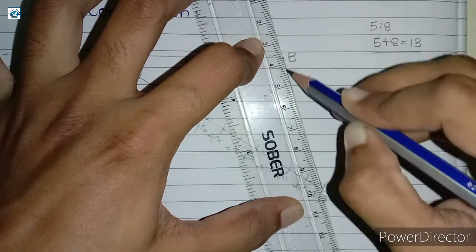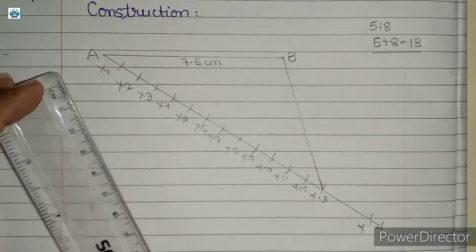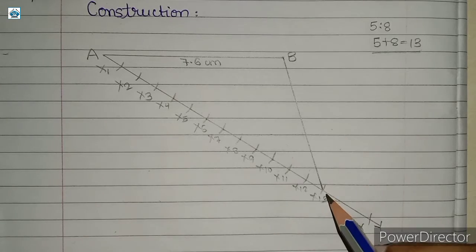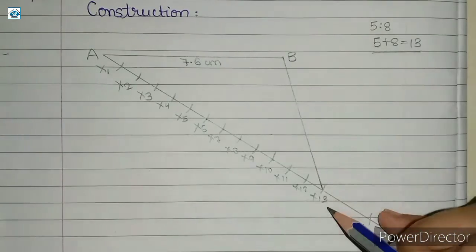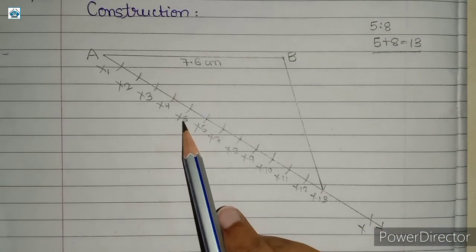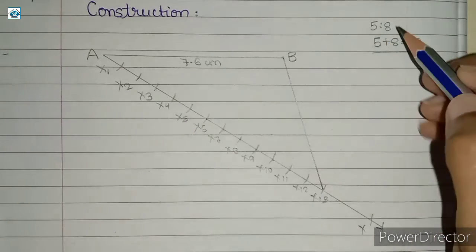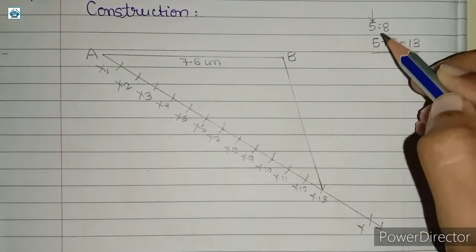So here B x13 is joined. Next, you need to draw a line parallel to BX13 passing through X5 because here we have to divide this in the ratio 5:8.